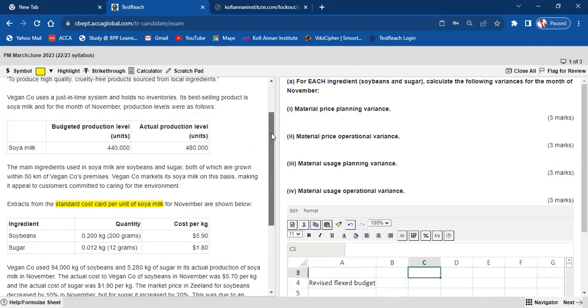Question says the actual production was 480,000. So flex means the price per kg times the quantity per unit is multiplied by 480,000.